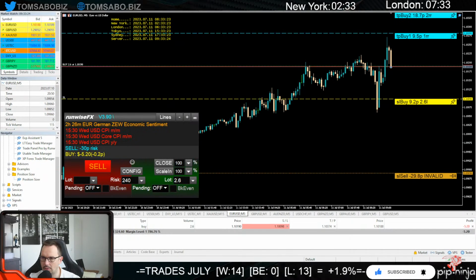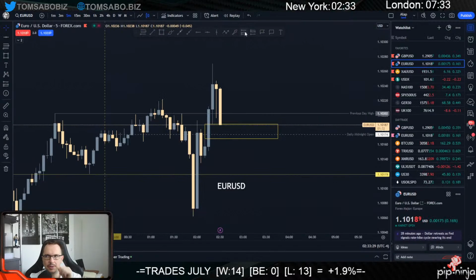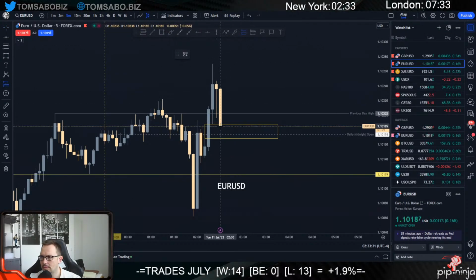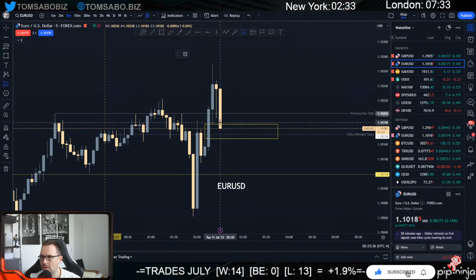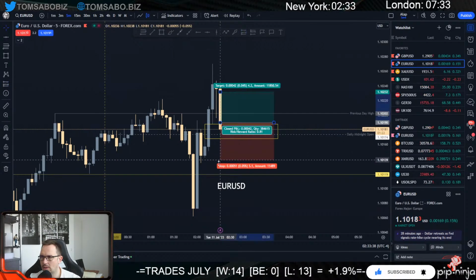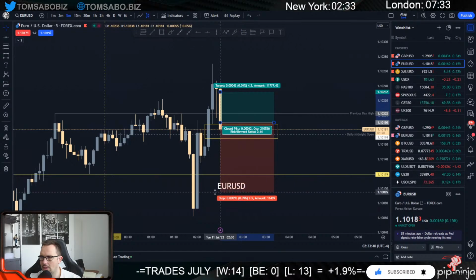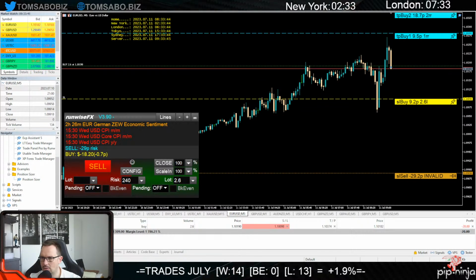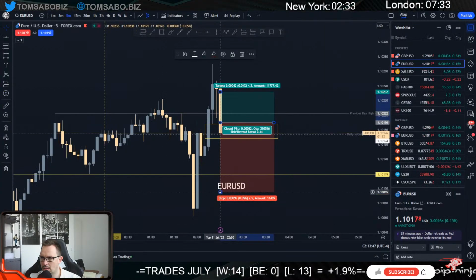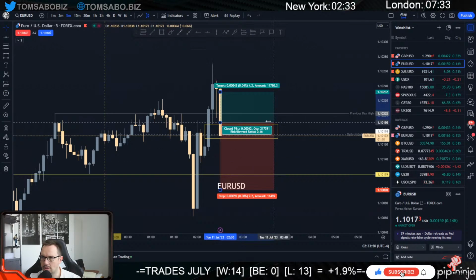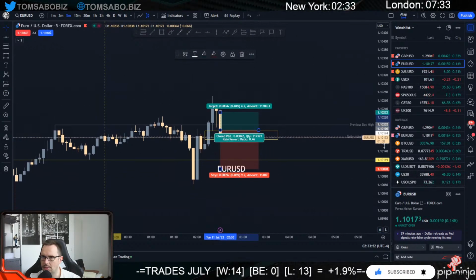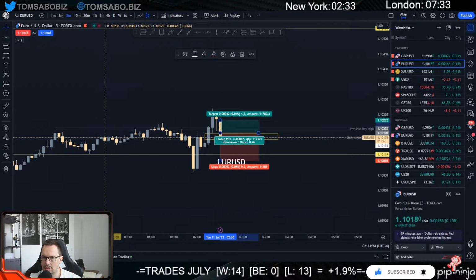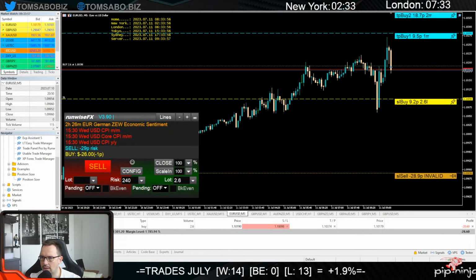All right, from 10.19, that's a round number. 10.09 something is the stop loss, 10.098. That's my stop loss, and my final TP is going to be at 10.37.4.